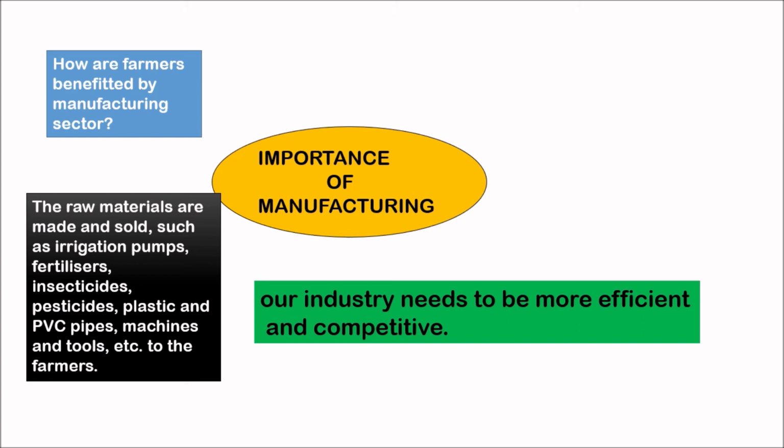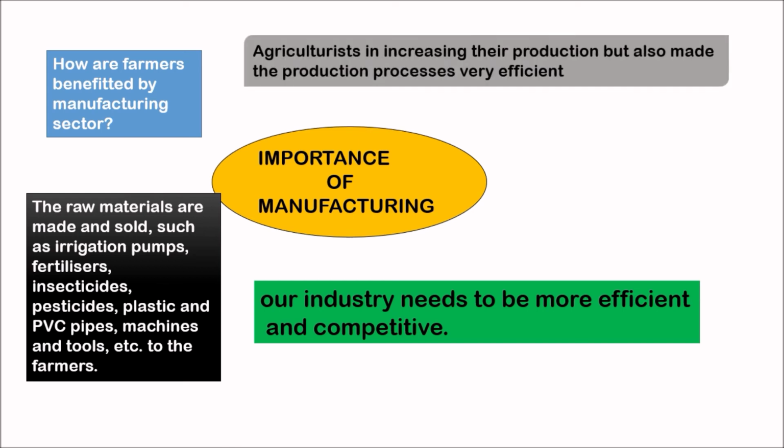So agriculturalists are increasing their production, and the production process is also very efficient. The tools made by the manufacturing sector not only increase the production of the agriculturalists, but also make the process very efficient.